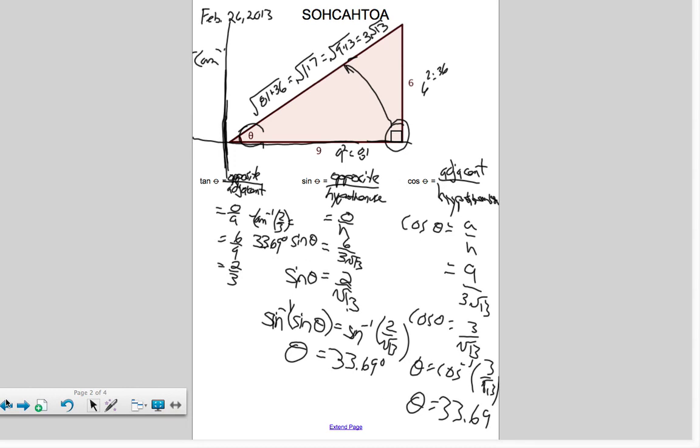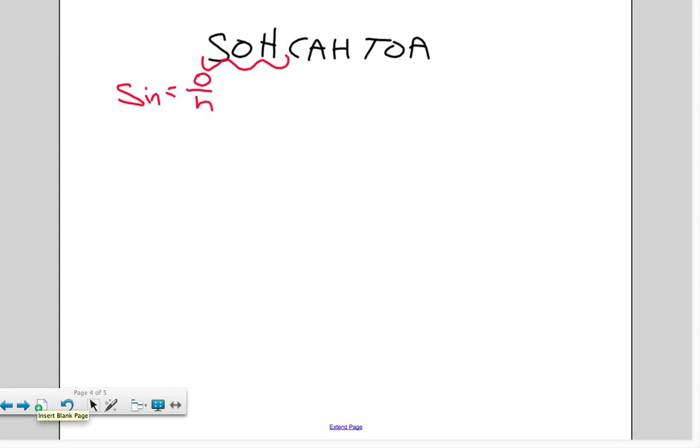So back to SOHCAHTOA. How you remember these trigonometry functions is, I'm going to do it on a clean sheet. You take the first three letters, which is sine. Sine is opposite over adjacent, so that's where SOH comes from.